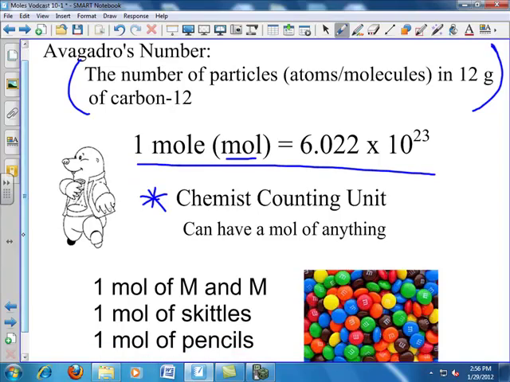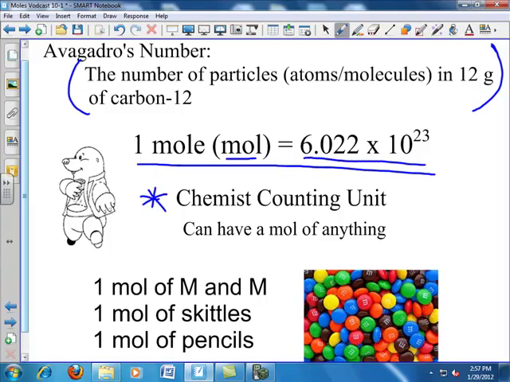You can have a mole of Skittles, a mole of M&Ms, a mole of pencils. A mole is a counting unit, just like a dozen. Everybody understands that 1 dozen is 12 of something. Well, 1 mole is 6.022 times 10 to the 23rd of something.